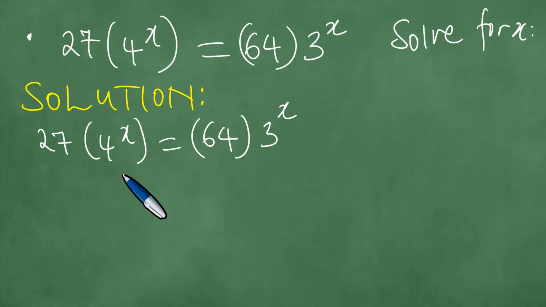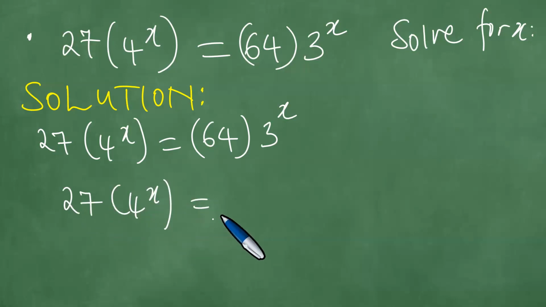Right, so what we do here, we need to solve for x, and to solve for x, what we do is we associate these terms and group like terms. The terms with x, we can put them on one side, those without x, we can put them on the other. So we have 27, 4 to the power x, which is equal to 64, 3 to the power x.